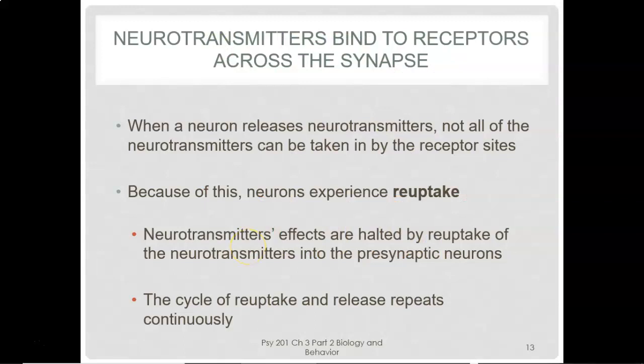So I want to talk about neurotransmitter reuptake. So we've discussed the basic process of synaptic transmission. My presynaptic neuron sends neurotransmitters into the synaptic gap to be received by the receptor sites of the dendrite on my postsynaptic neuron.